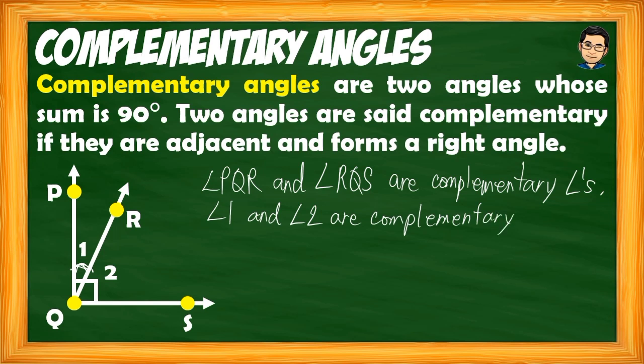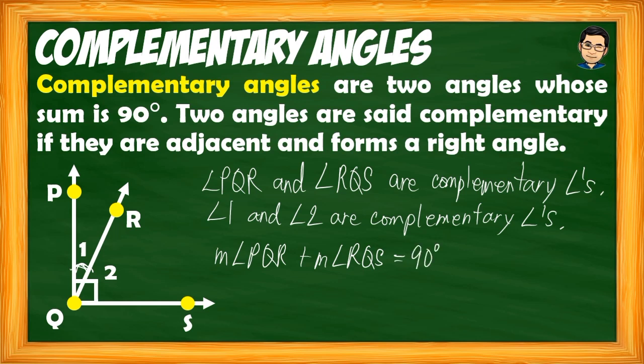Ginagamit po numbers. Paano natin ipapakita na complementary angles sila? Na yung sum is 90 degrees. Ganito lang po. The measure of angle PQR. By the way, yung small m po dyan, yung lowercase letter na m, indicates measure. The measure of angle PQR plus the measure of angle RQS is equal to 90 degrees.